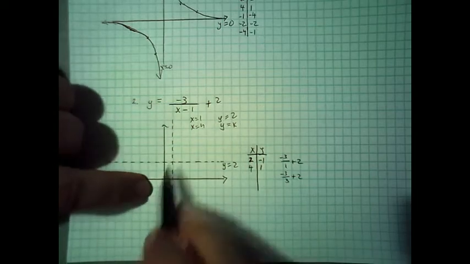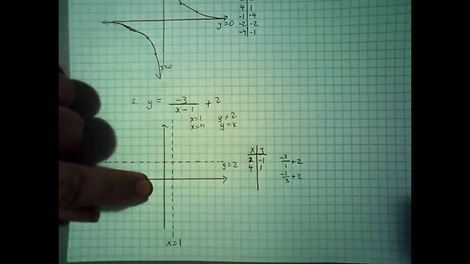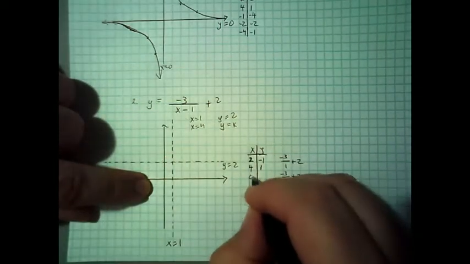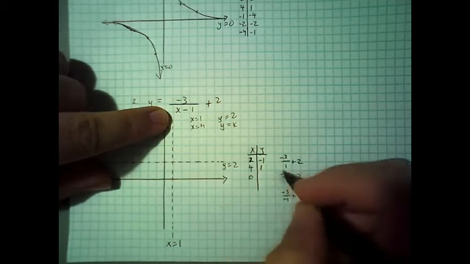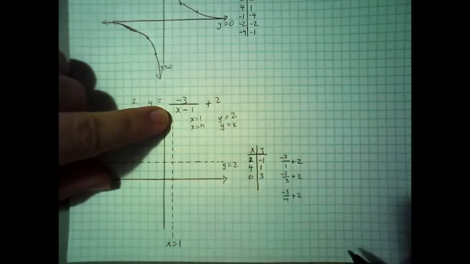On the other side, I can make the bottom equal -1, which I do by sticking in 0. So when I stick in 0, I'll get -3 over -1 plus 2, which is 3 plus 2 is 5. I apologize. That should have been 5.